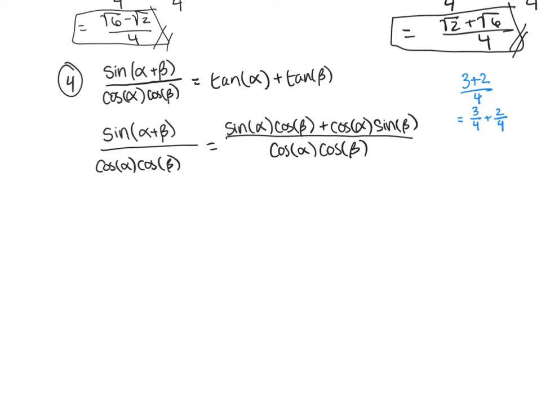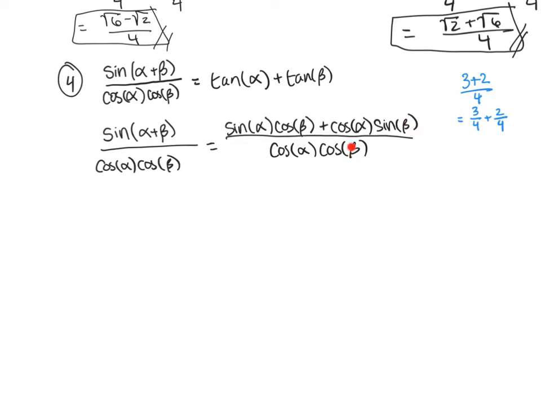Instead of making sure the denominators are the same and adding them together, I can say, hey, if I have two separate pieces of my numerator, I can say that they're each part of their own fraction with the same denominator. So going from here to here, same as going from here to here, just using our fraction rules.